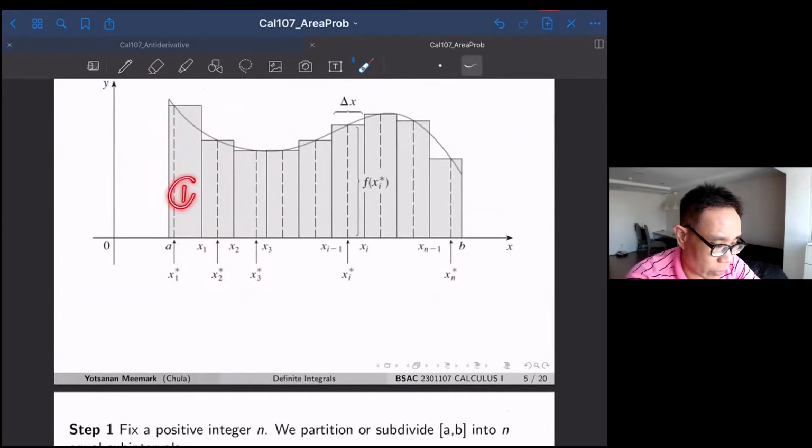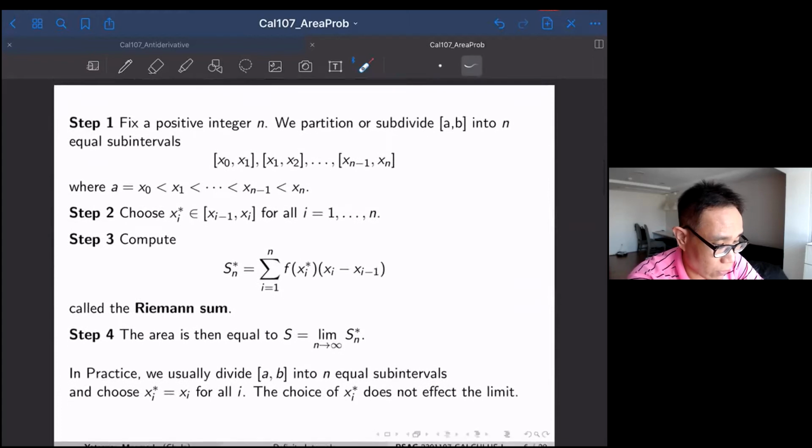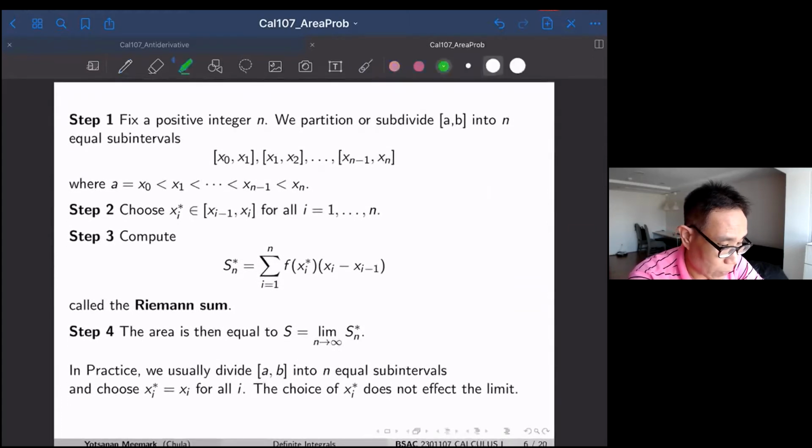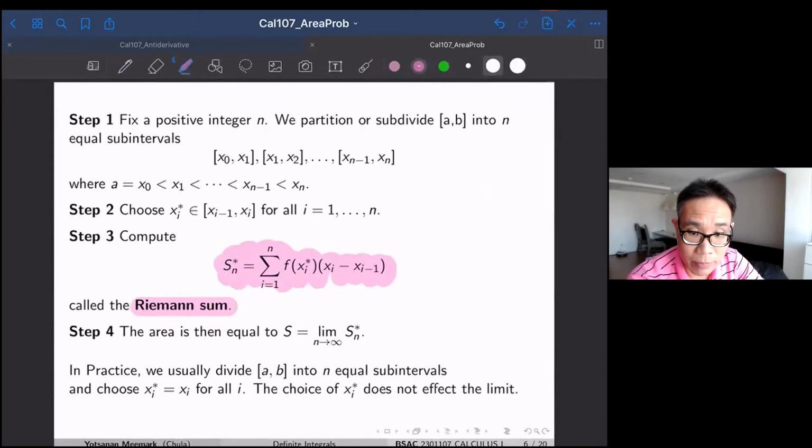So you have the first piece, the second piece, the third piece like this, and you sum the areas up. This sum in math is called the Riemann sum. You see that it's a sum involving the variable n.